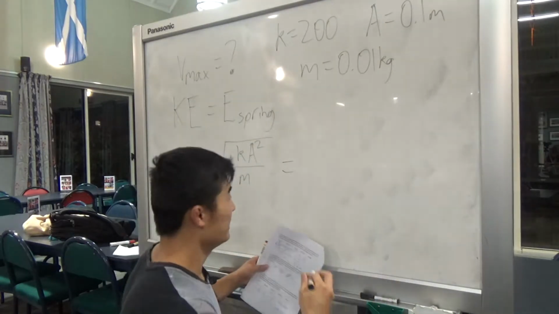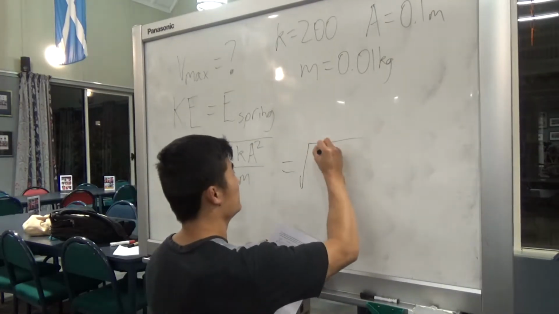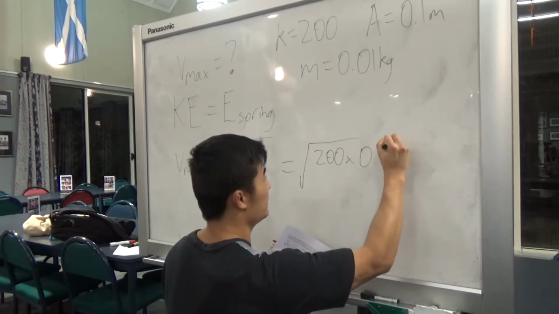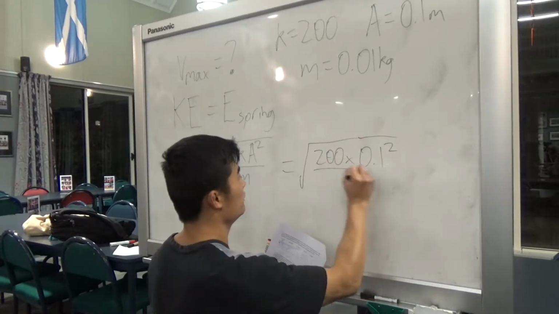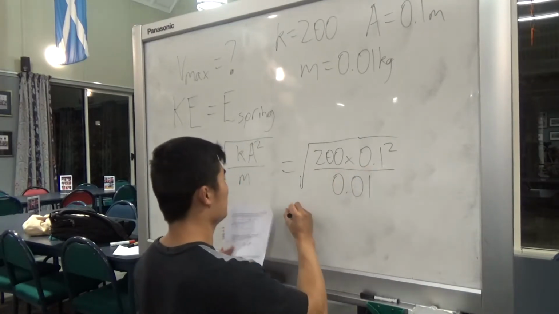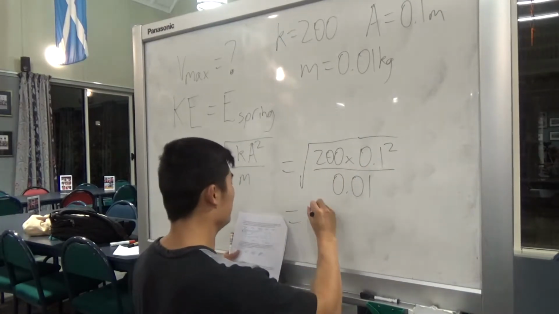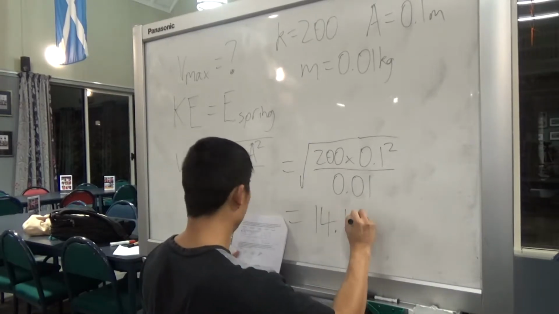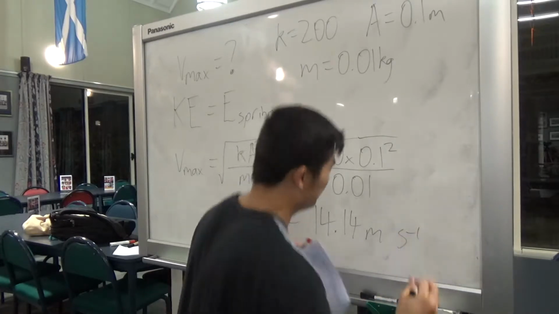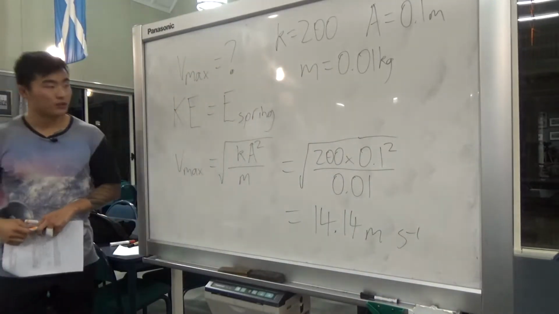So we'll just put our numbers in now. So 200 times 0.1 squared over 0.01, and that will give you 14.14 meters per second.